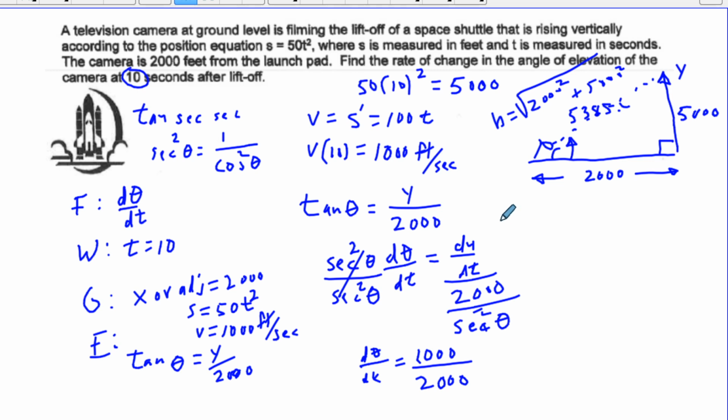So what we're going to have here is d theta dt. I'm just going to write out the numbers here.